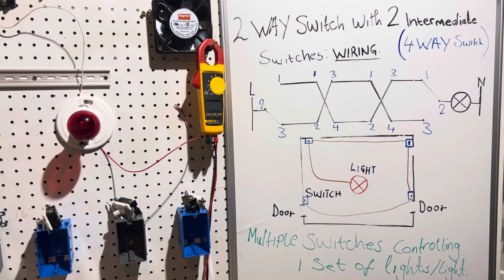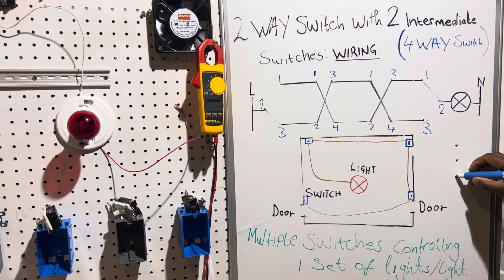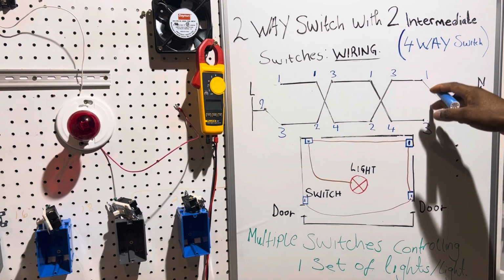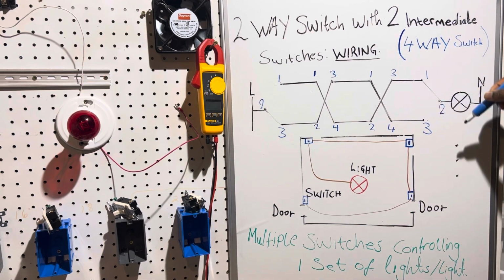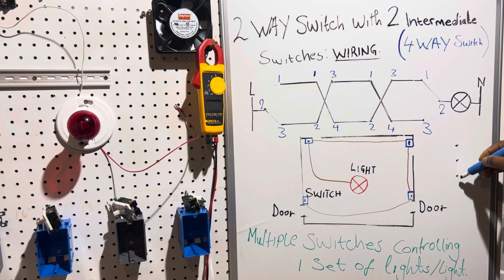Some switches appear with the contacts in a line, but I put them this way so you can see that's one point, that's another, and this is another. It's just the schematic to show you the symbol and how it works.